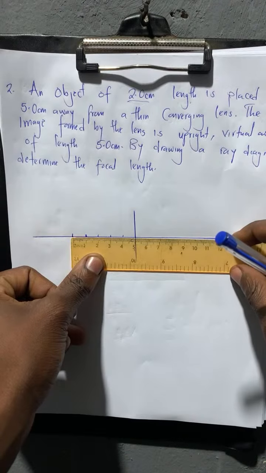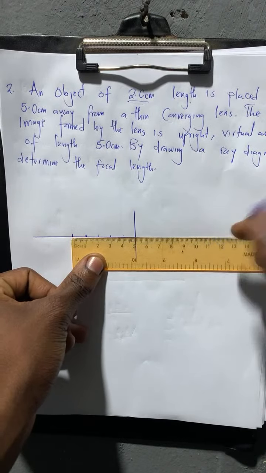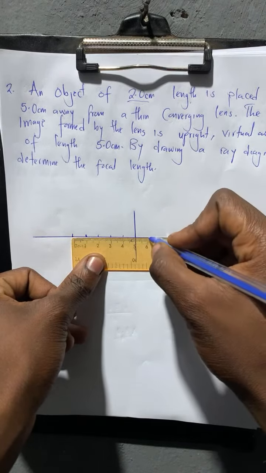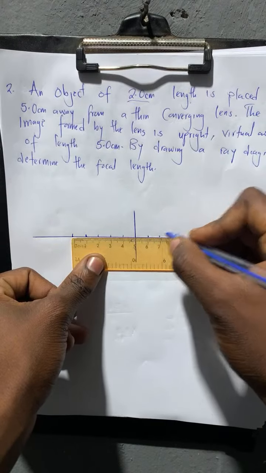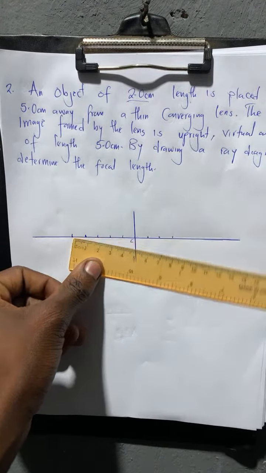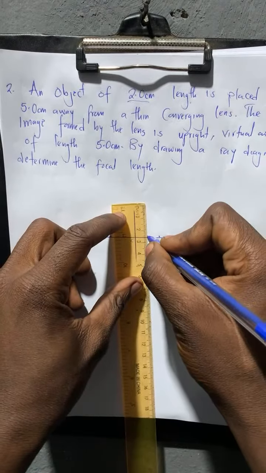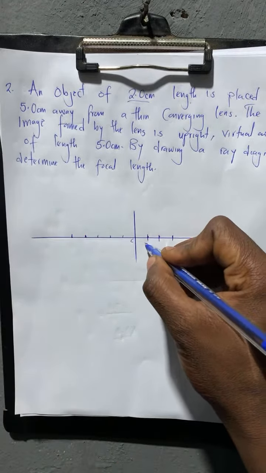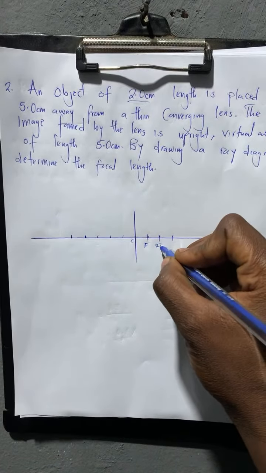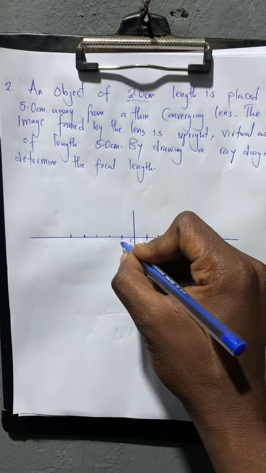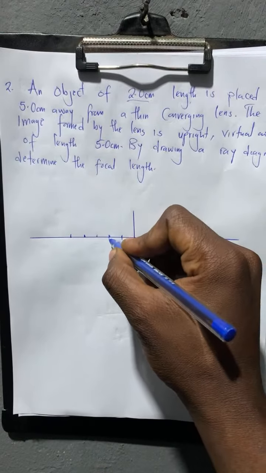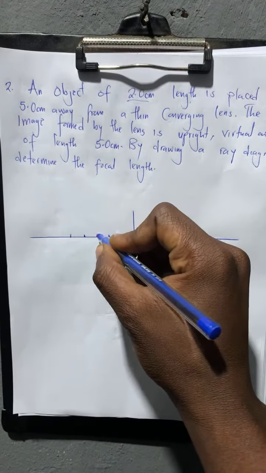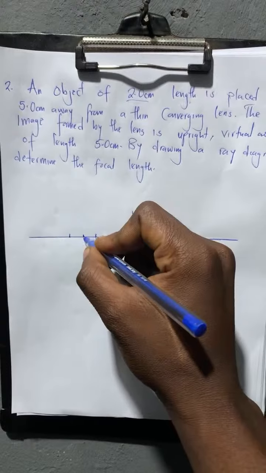On this side, we say the same, 1, 2. We have 2F here. So this point we have got F. We have another one, 2F here, 3F.